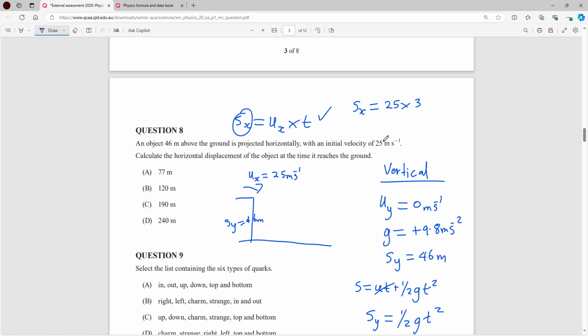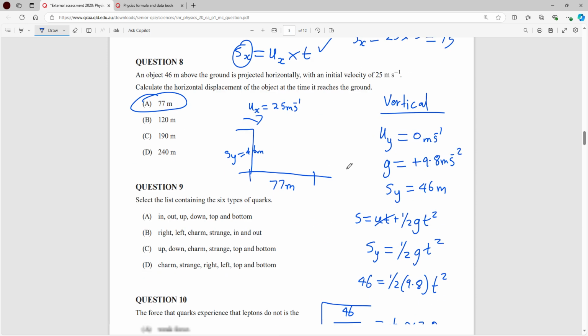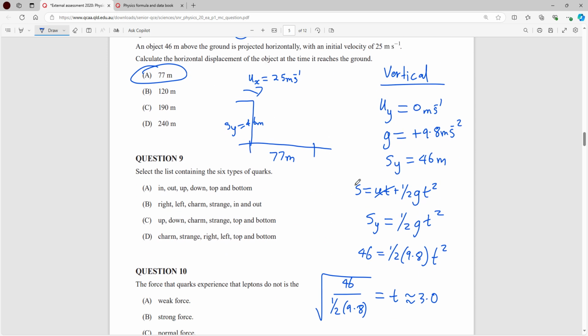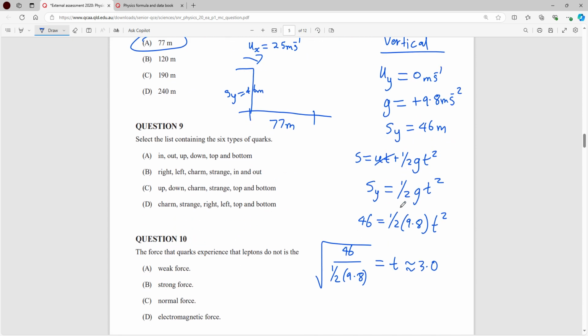So that's going to give you, what, about 77 or 75, 25 times 3. So that gives you 75. So the approximate answer would probably be A, 77 meters, okay? So that would be the distance it travels here, 77 meters, okay? Again, this question here has a lot of working relatively, considering it's only 1 mark, okay? This would be better as a short response, but it's quite alright, okay?